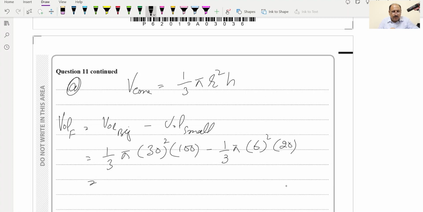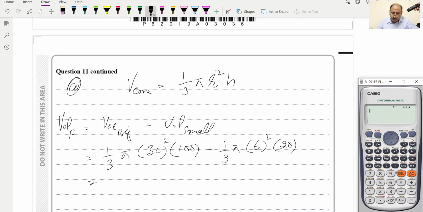We can simplify this. Because we need the answer in terms of pi, I will not include pi in the calculation; we'll take it separately. 1 over 3 multiplied by 30 squared multiplied by 100 is equal to 30,000.